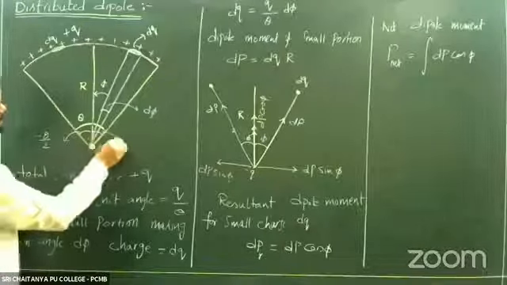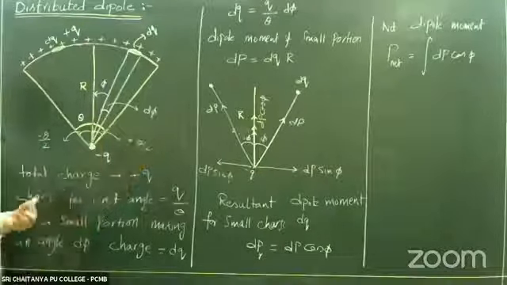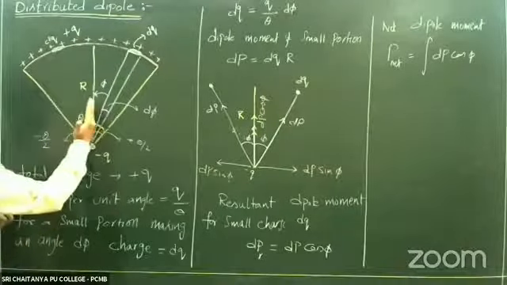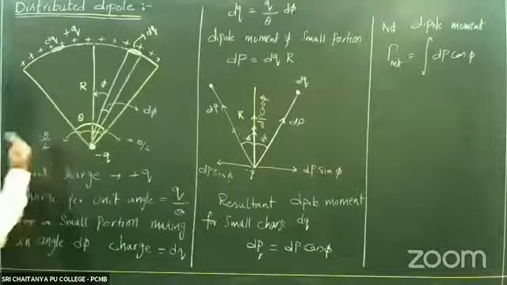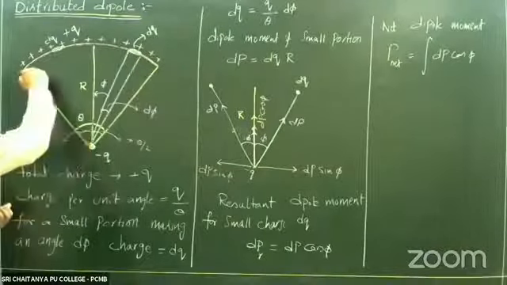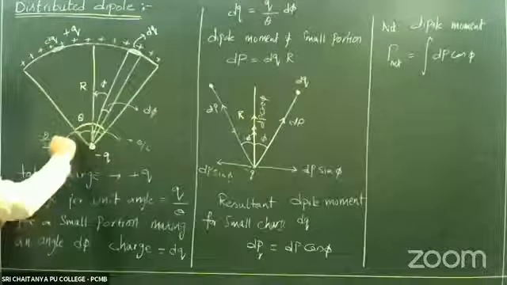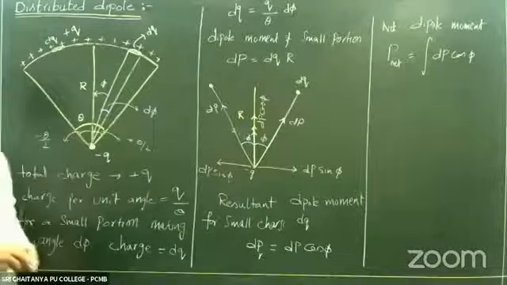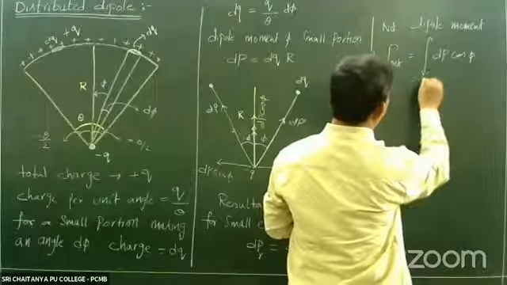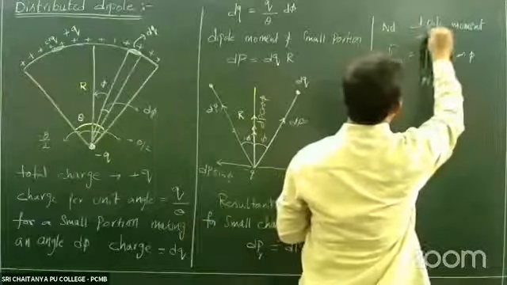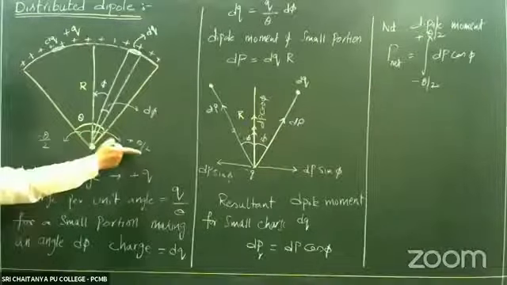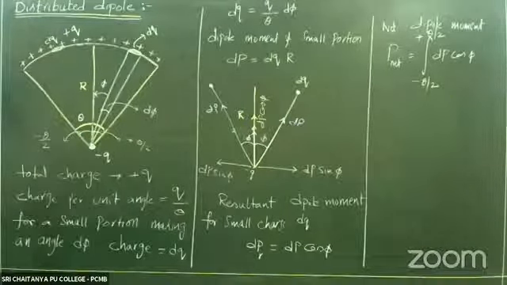For this half plus theta by 2 are the limits. Because from this reference if you go on this side, plus theta by 2. If you go on this side, minus theta by 2. So this total charge extends from this point to this point, minus theta by 2 to plus theta by 2. So limits are minus theta by 2 to plus theta by 2, right?